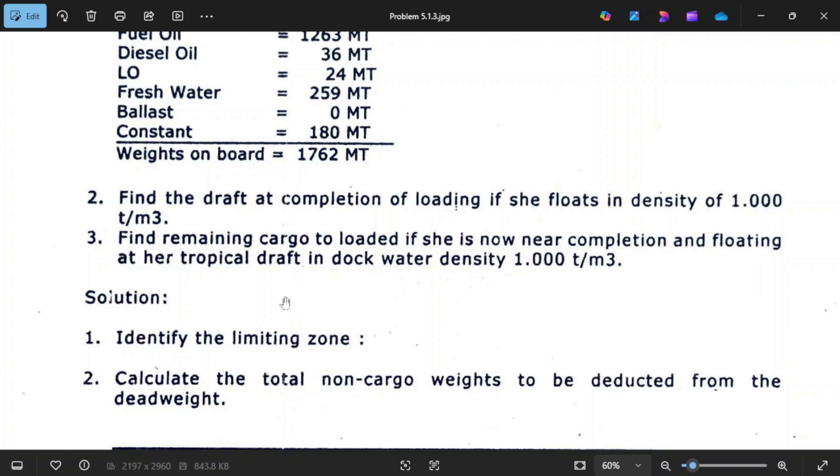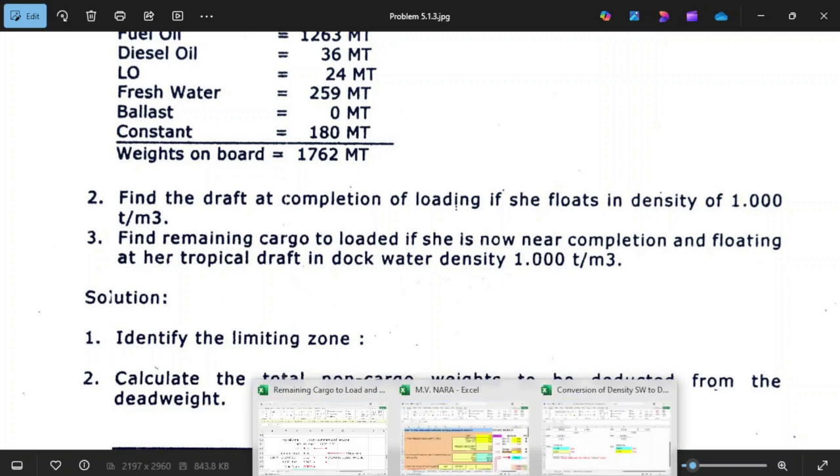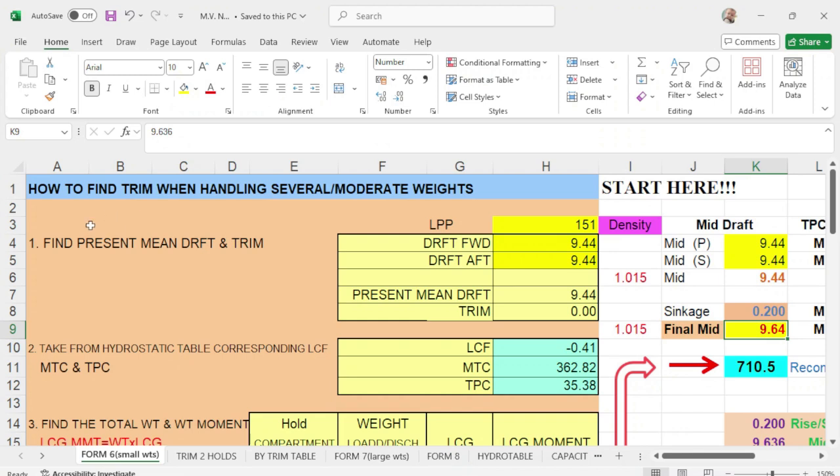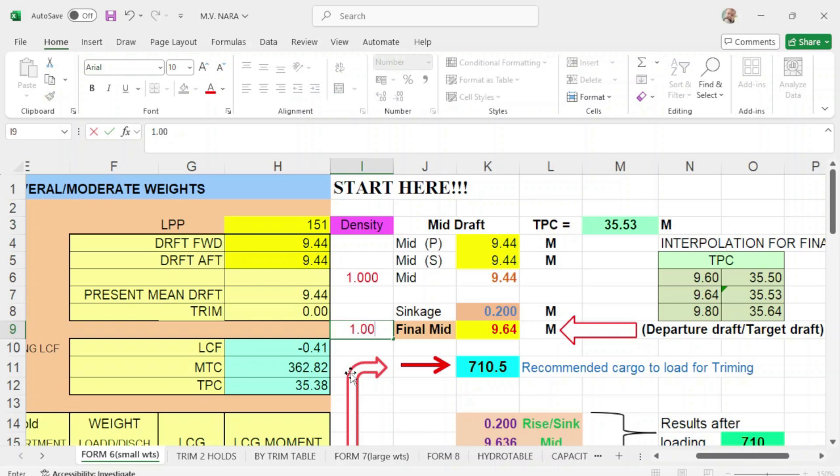Okay, so to give you an idea what it meant, this is the program that I'm going to use, how to find trim when handling several moderate weights. Prior to completion of loading, he said the vessel must float in 1.000 tons per cubic meter, and at completion would be the same density of 1.000.